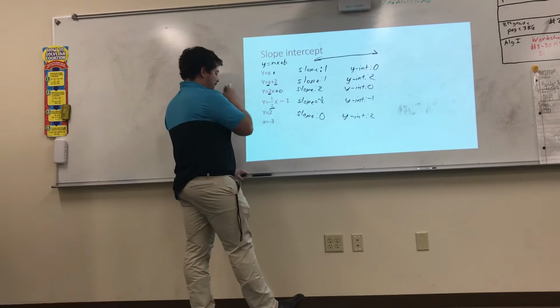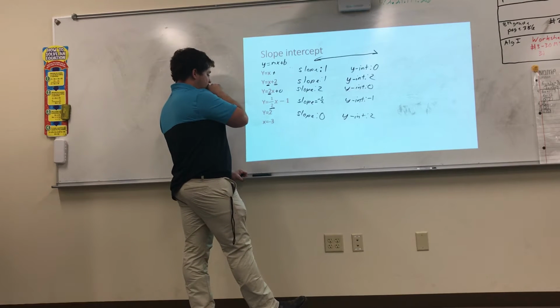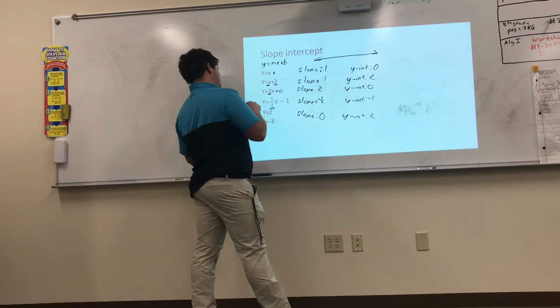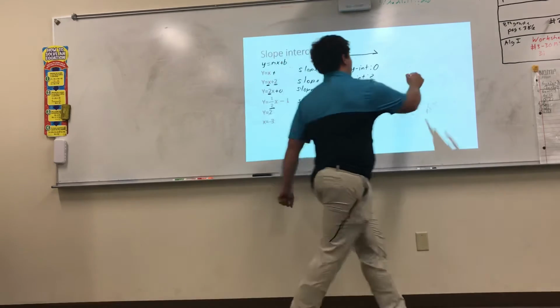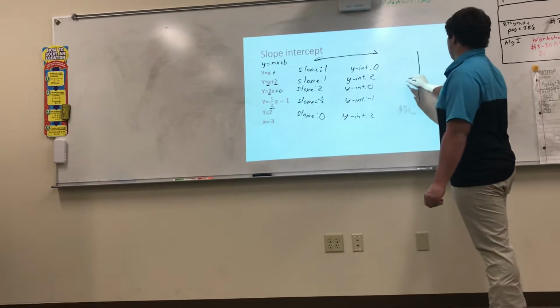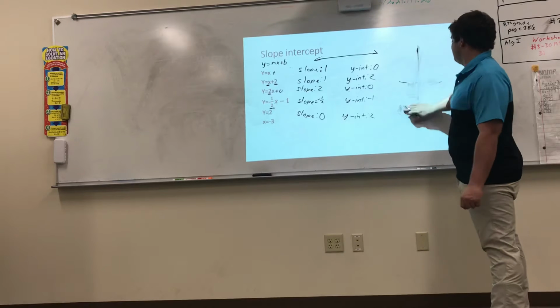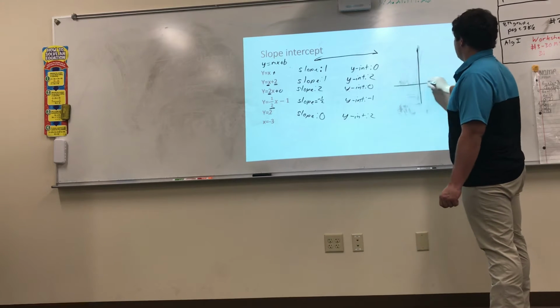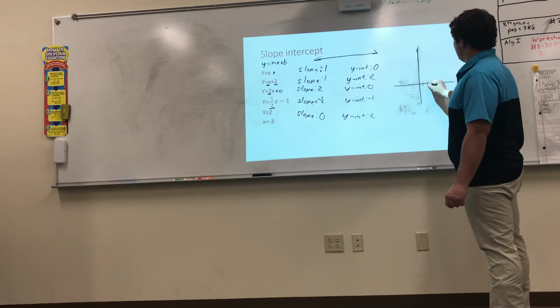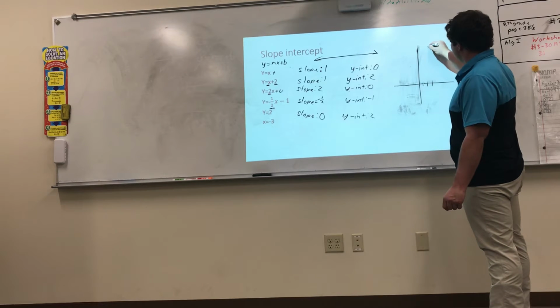Here we have x equals -3. That doesn't help us a whole lot. This is how I went about it in class: without seeing this, I need to draw a line where x is always going to be 3.